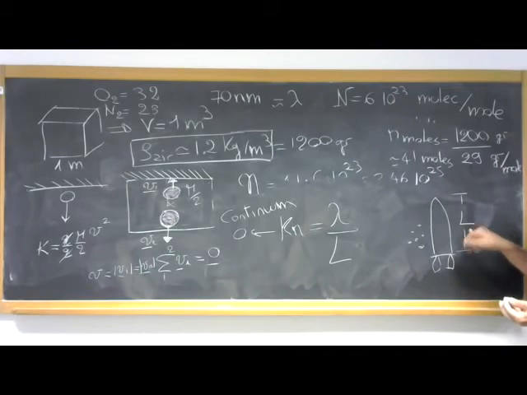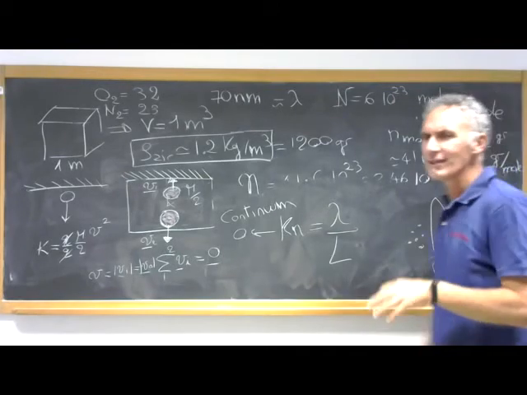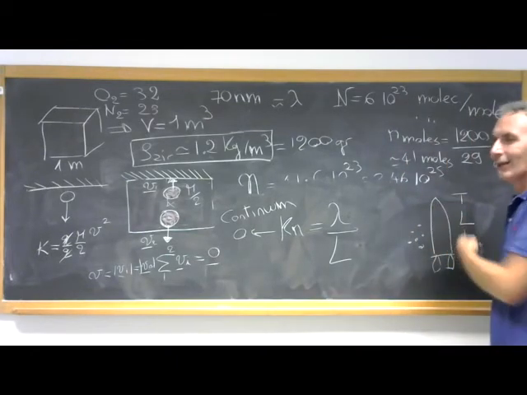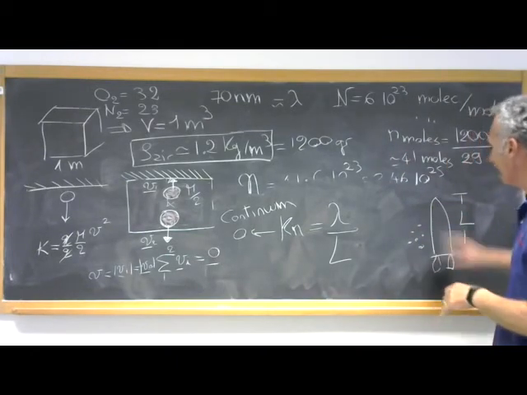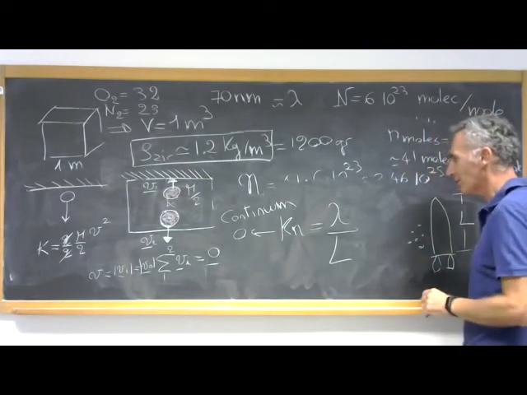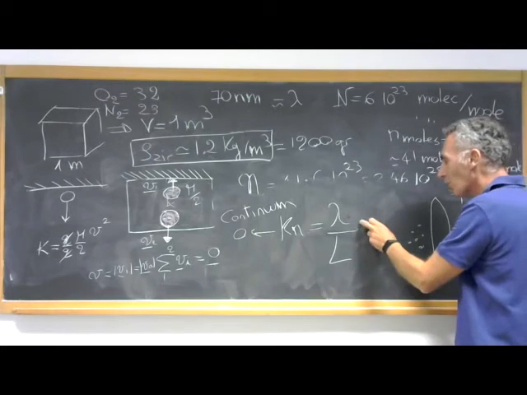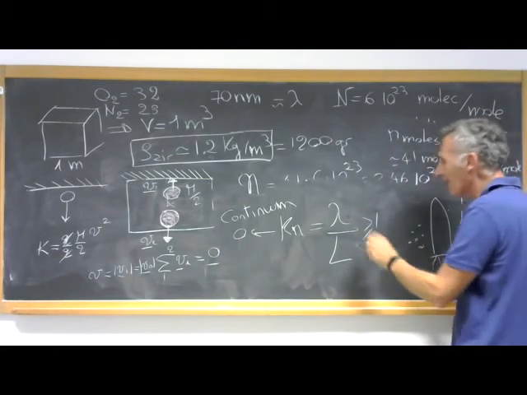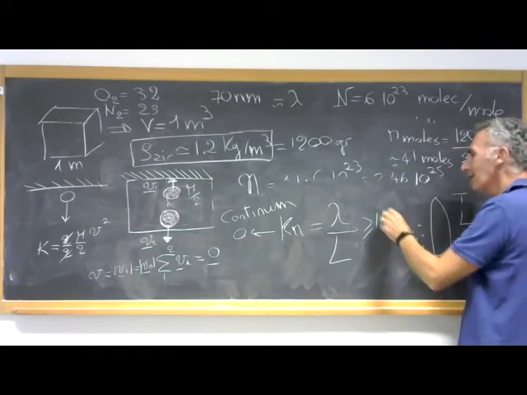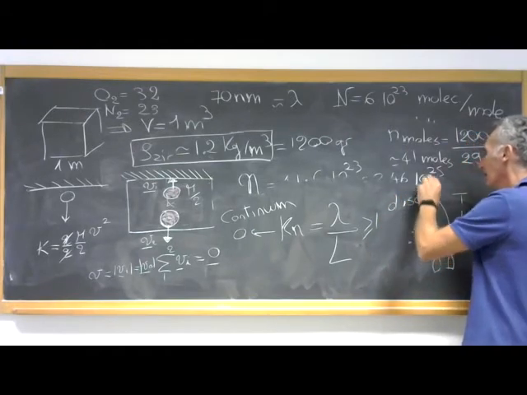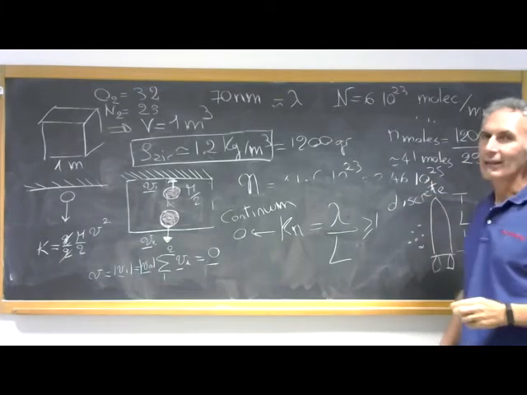And the length remains the same. Actually, rockets have a strategy which is called staging, so they tend to get rid of the exhausted parts, but we will not consider this part. So when this number exceeds 1 or becomes comparable to 1, then the continuum model is not useful anymore, actually cannot be used.